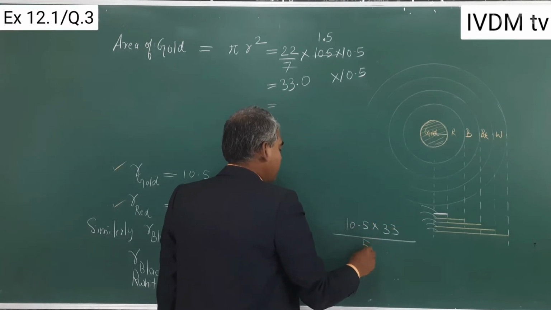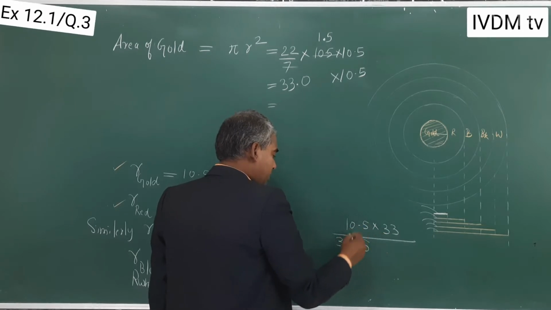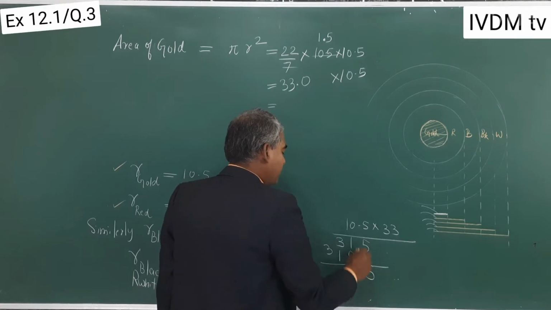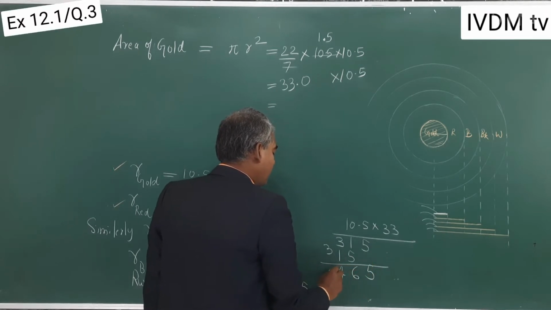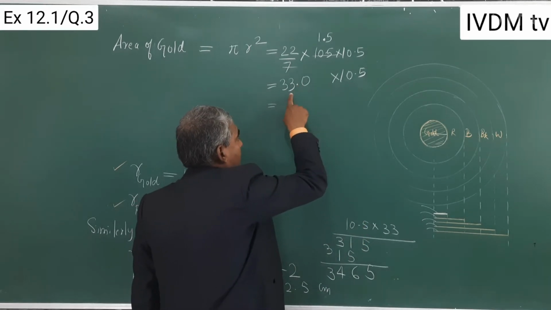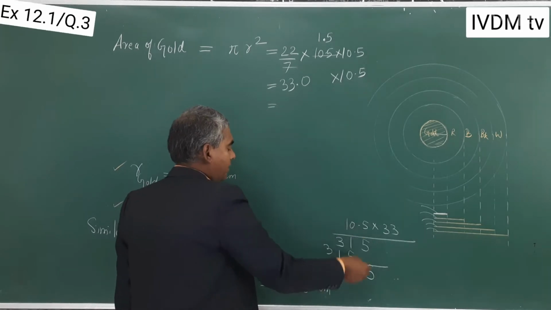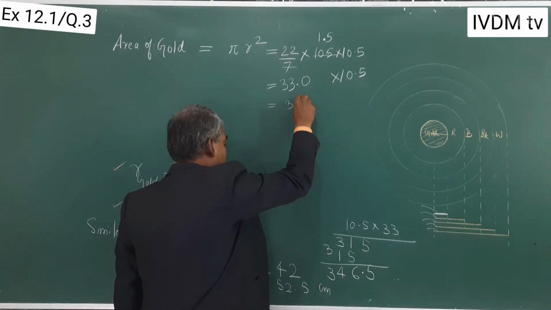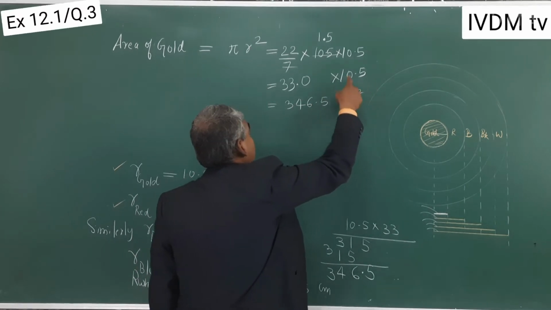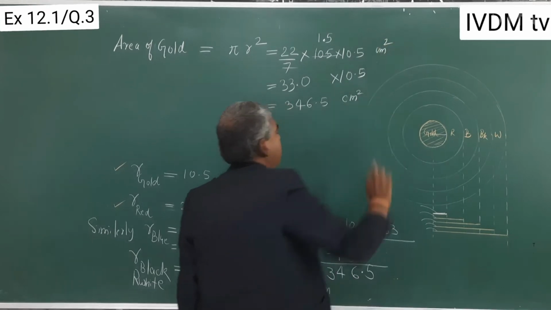So 3 5 ja 15, 1 3 1 ja 3, then again the same thing, this is 5 6 4 and 3, and this is 33. Only one place decimal here, one place decimal. So the answer is 346.5 centimeter square, because this is not centimeter into centimeter, so centimeter square.